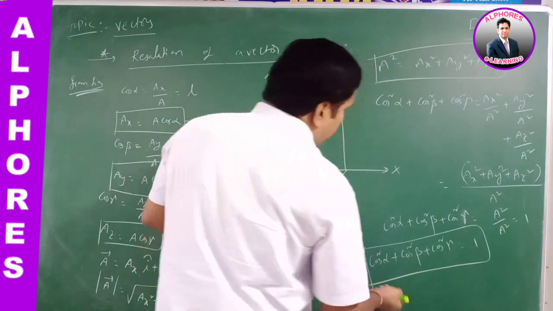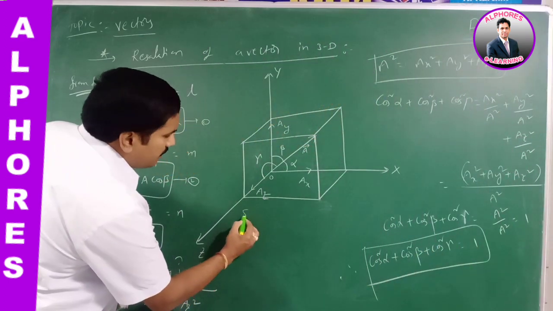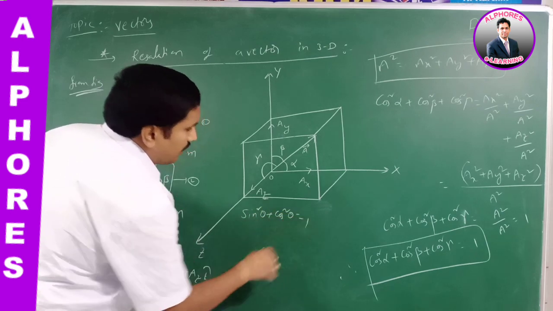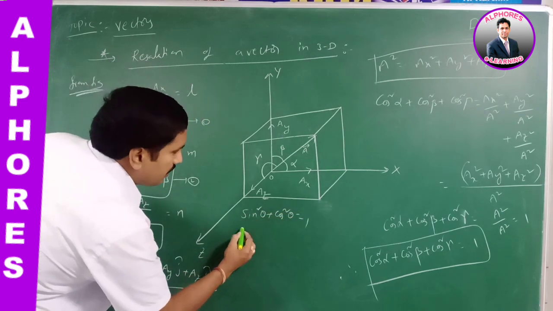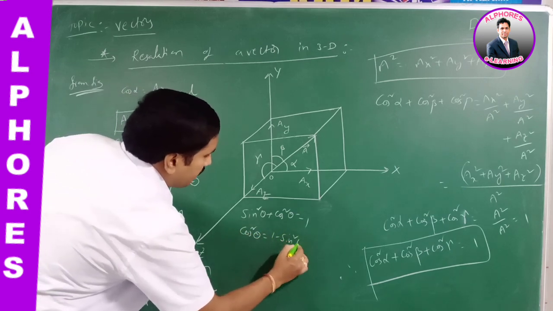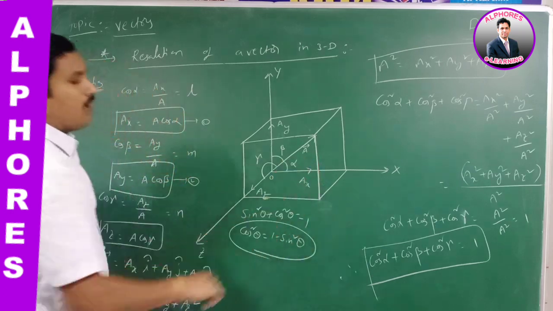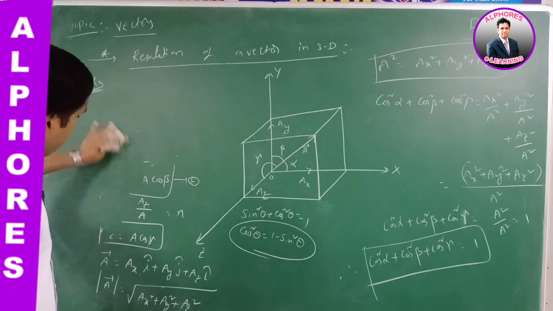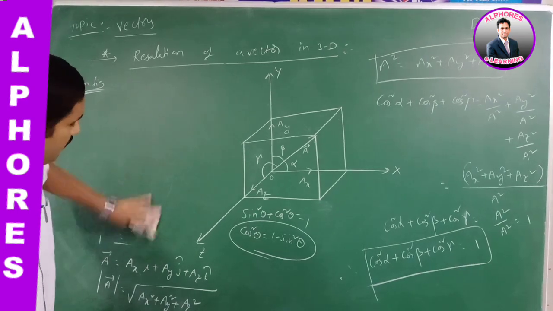Now, as per the trigonometric relation, sin square theta plus cos square theta is equal to 1. That means cos square theta is equal to 1 minus sin square theta. So from this formula, what about the value of sin square alpha plus sin square beta plus sin square gamma?